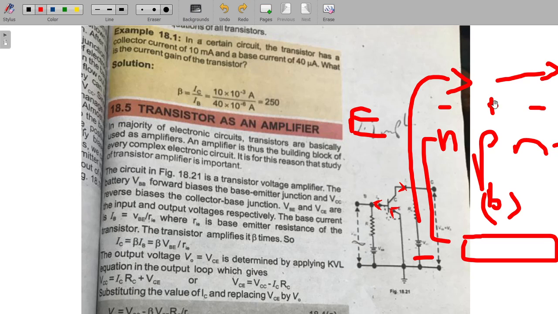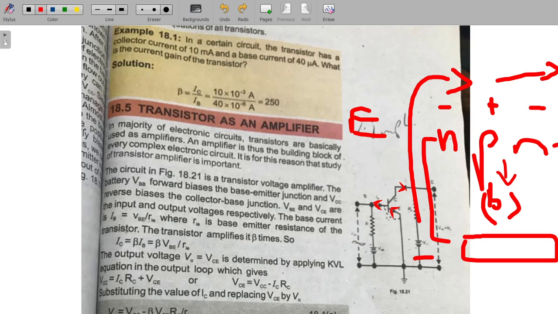If you remember, as I just showed you, from N to P, it basically breaks down into two currents. One goes into the base and one goes into the collector. And obviously, the base one is so small, and the collector one is so large because of this huge value of positive potential.